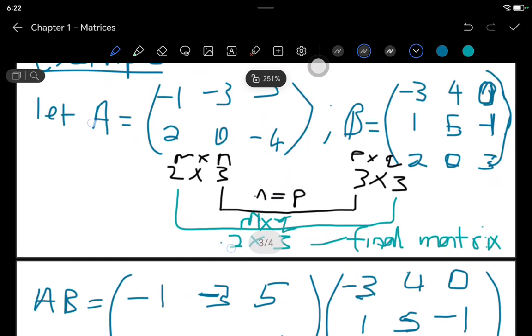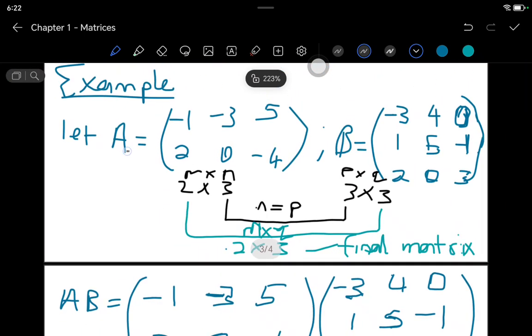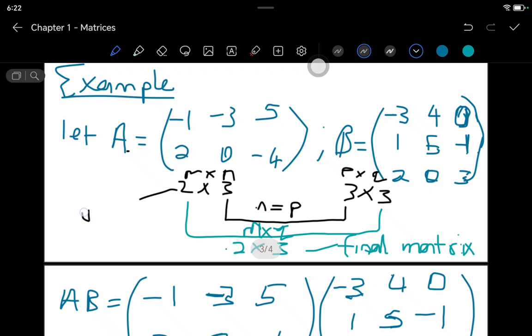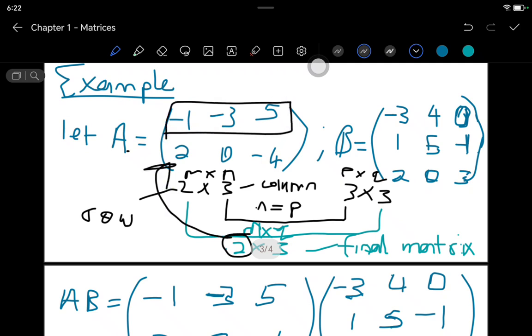So if we check, from this matrix A, we took 2, and 2 stands for a row. This is a column. So it means that on this matrix A, we're going to focus on the ith row. You see right now? So we're going to focus on rows only.